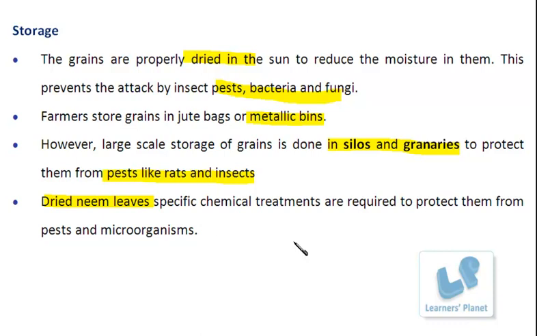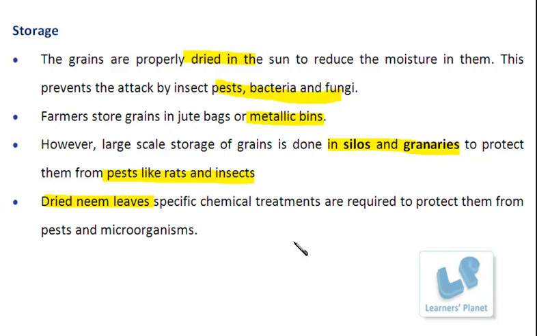So this is how the agricultural practices are performed for crop production. Now, in the earlier session, in the beginning, I said that food can be obtained either from plant resources or from animal resources. How it is done through plants, I have explained here in crop production.